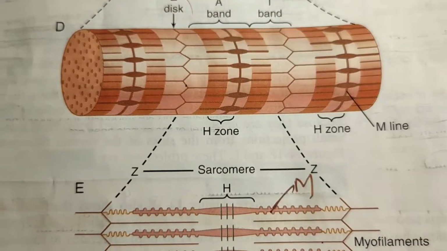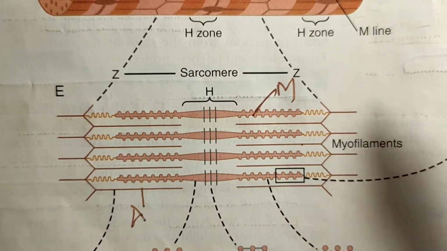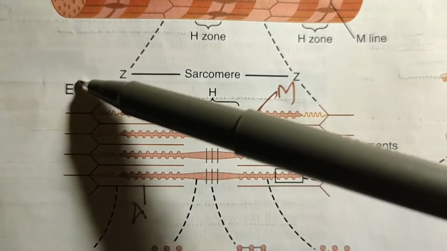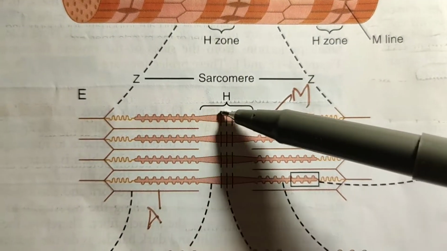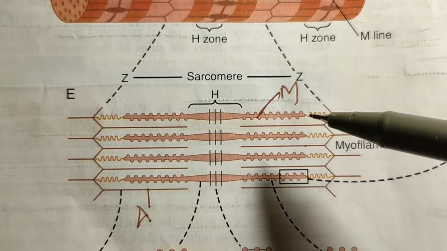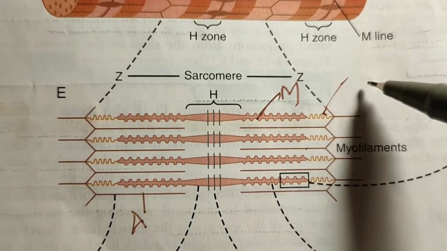Sarcomere is the structural and functional unit of a muscle fiber. Here these are the myosin, these are the actin, and this is another protein known as titin.